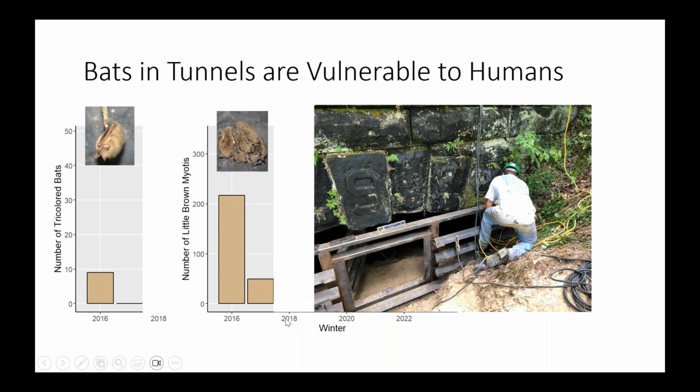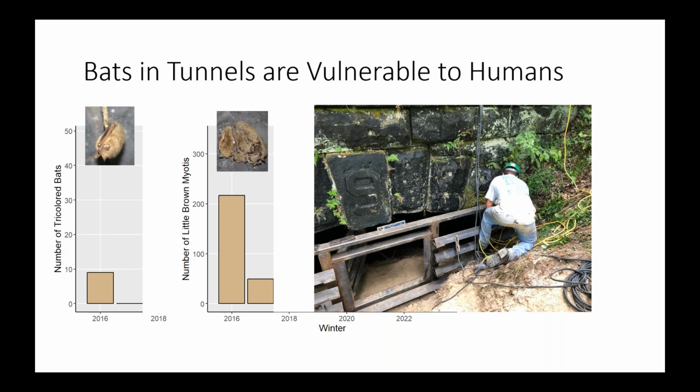It's unheard of then. And what they found the next year is that a lot of these bats were being shot with airsoft pellets. They found a large number of bats dead on the ground in the railroad tunnel, and they weren't killed by white nose syndrome. They were killed by being shot essentially with BB guns or some kind of air rifle. And this really set the stage for our current research.